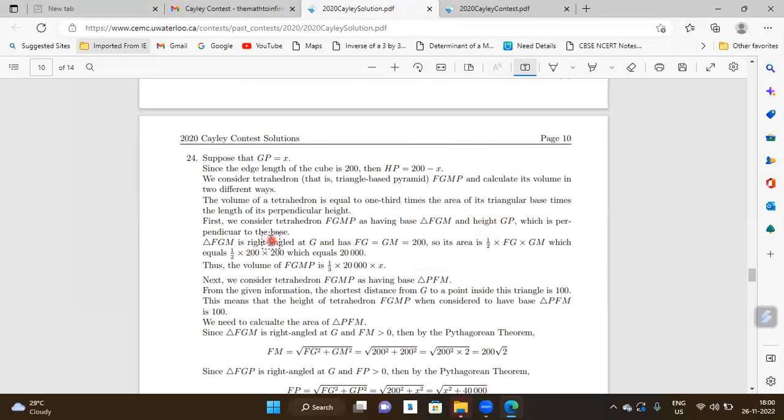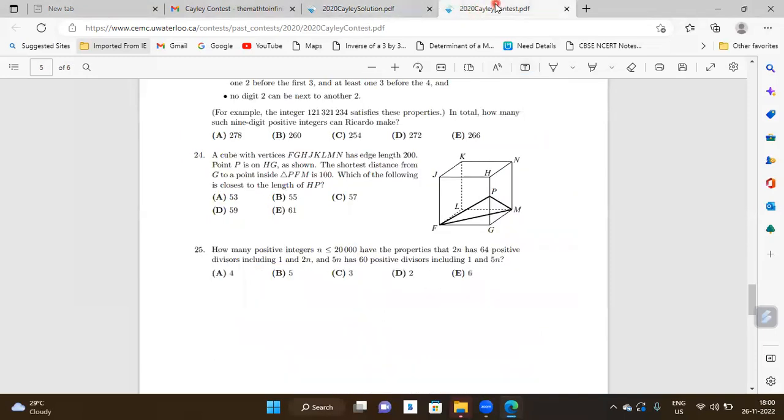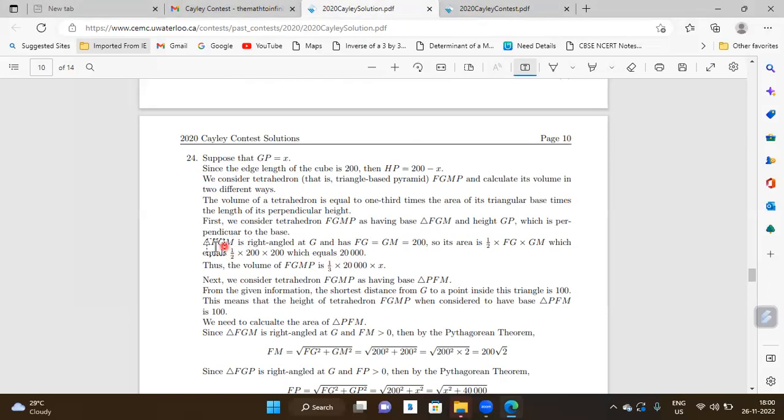So we already knew this height will always be perpendicular to the base. Okay. And FGM is the right angled triangle. Please look at the diagram one more time. FGM. So here you have 90 degrees. So it is right angled at G. So from there, they're saying that FG and GM are equal to 200.